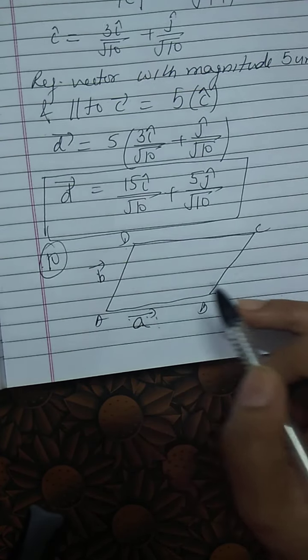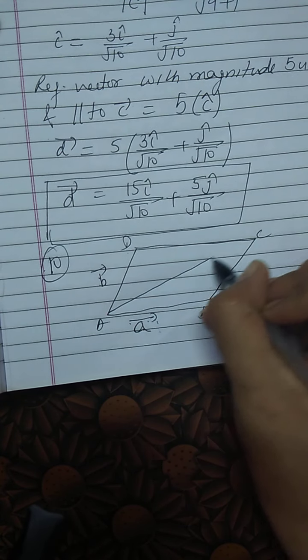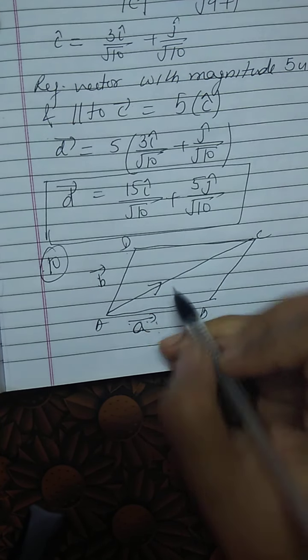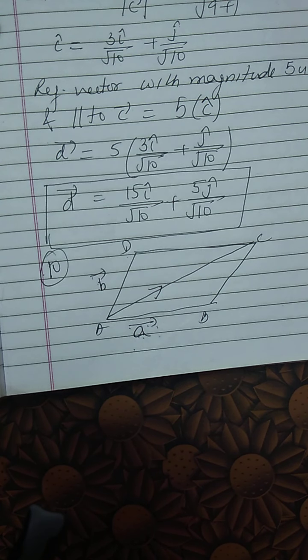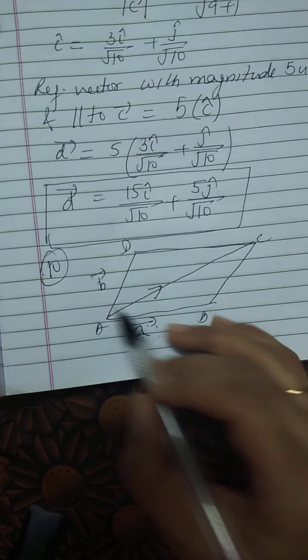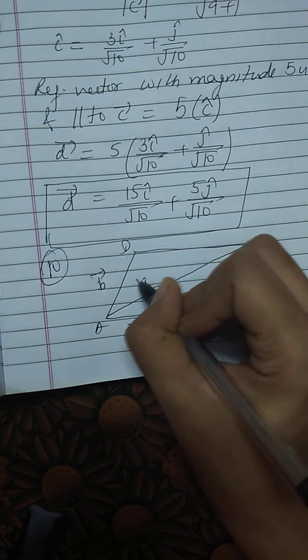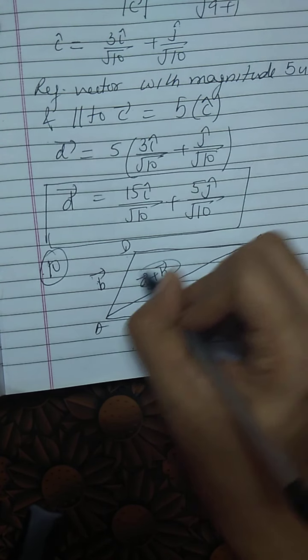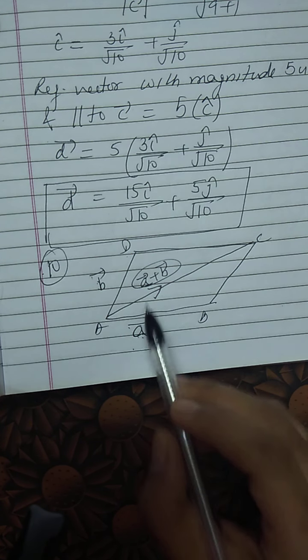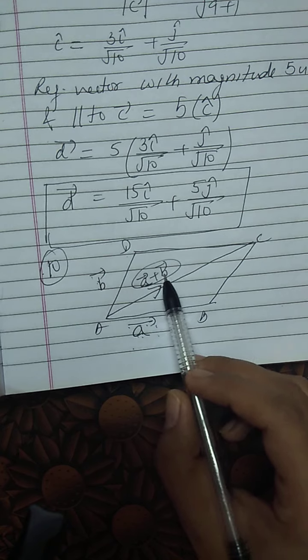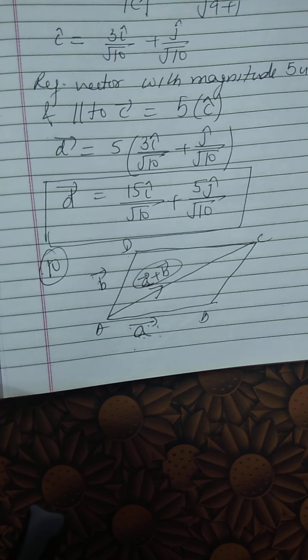Now the resultant of this parallelogram is actually given by the diagonal, and this diagonal is the sum of these two vectors only. Remember this thing. The diagonal of the parallelogram will be given by the sum of the adjacent sides only. So this diagonal is A vector plus B vector. This we have done in the parallelogram law of vector addition. So first of all you will find A vector plus B vector, and you have to find the unit vector parallel to this.